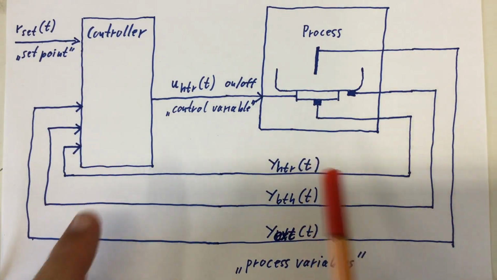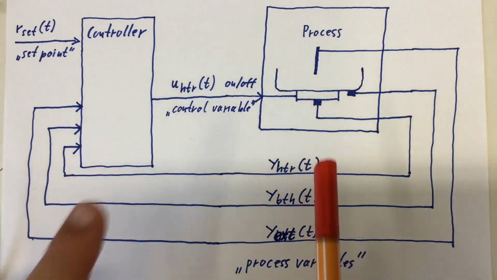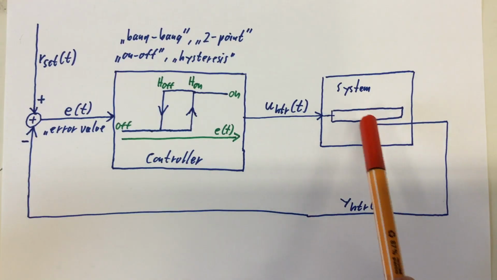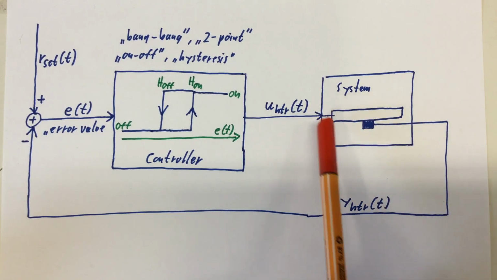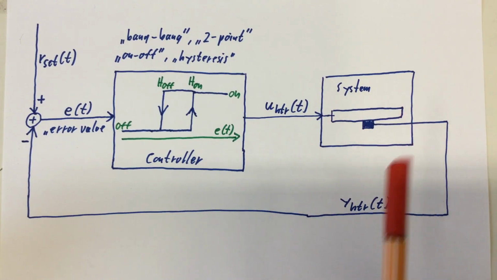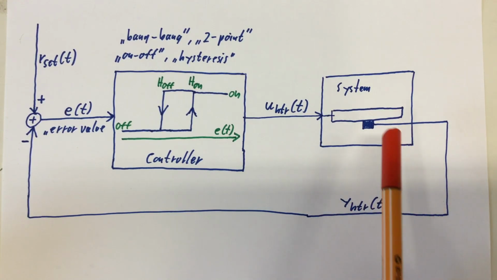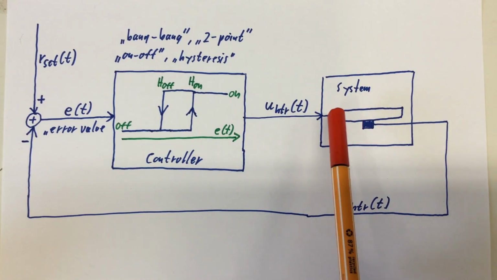So keeping that picture in the back of our minds, let's try something simpler first. And build a controller just for the heating element, okay? So we just look at the temperature of the heating element, and our controller will give it an on-off signal.